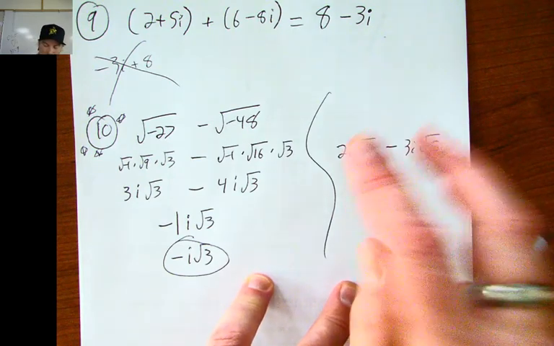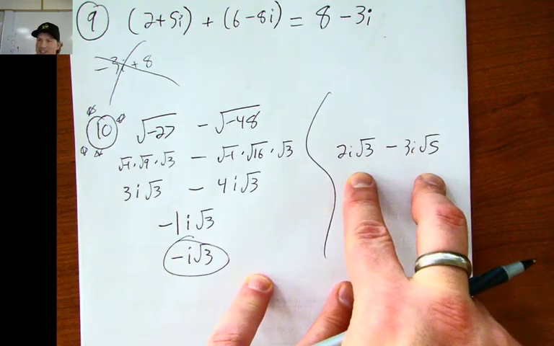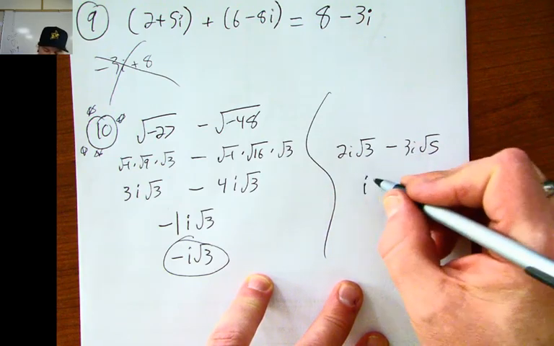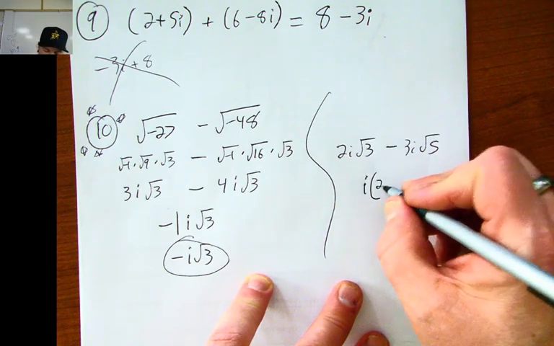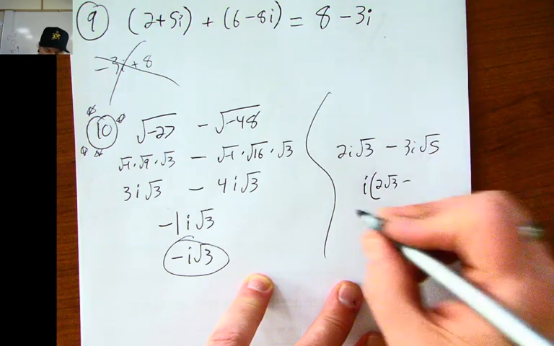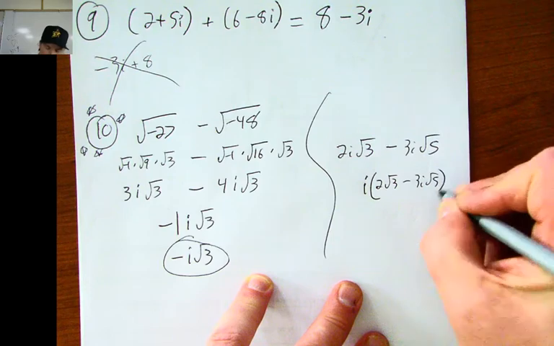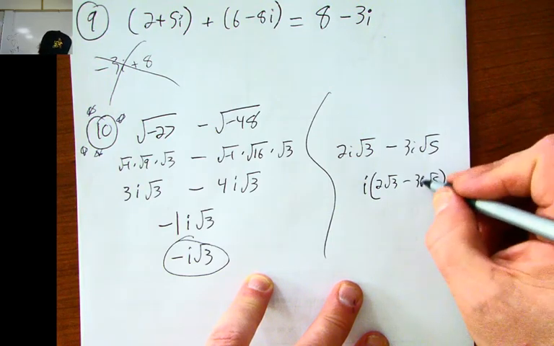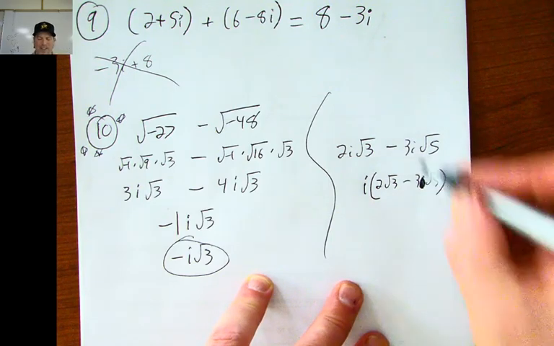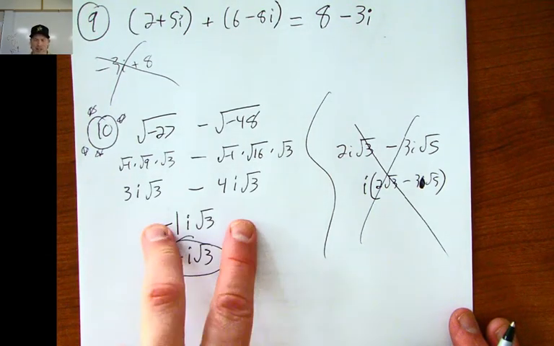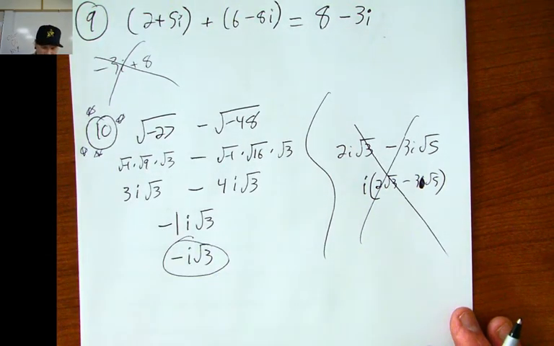Oh man, you're never going to see one like this again. Not this year, everybody. But if you were to do this one, technically, you'd have to factor out that i, and so you'd be left with i times 2 root 3 minus 3 root 5. But like I said, you're not going to see one like this anywhere in the near future. Ones that you'll see, they'll have the matching root with the i's.